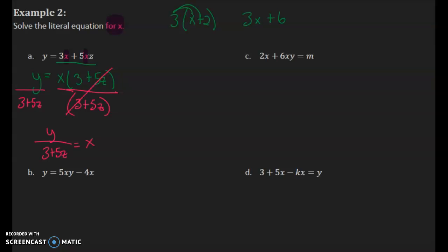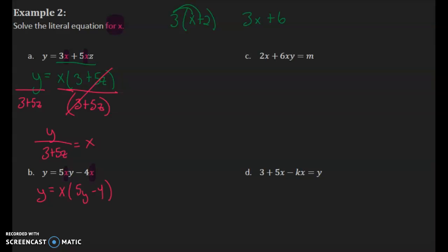All right, I'm going to go ahead and do B with you also to make sure we've got this. So we're still looking for x. When we highlight, notice that x occurs in 2 places. That tells me I should go ahead and undistribute. Now when I undistribute, I need to make sure I only have things with x's. There's nothing else out here that doesn't have an x. So I'm going to pull the x out in front, and what's left is 5y minus 4.